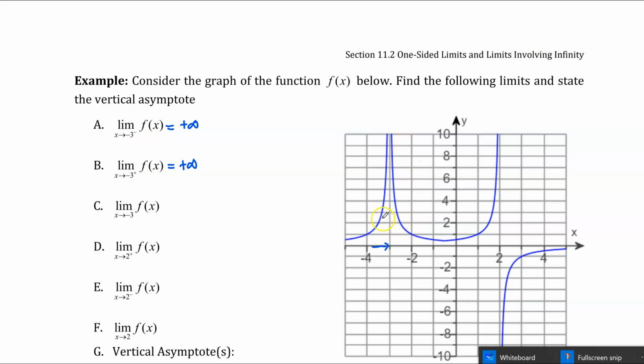Now, since both of these approach positive infinity, then we say that the limit of the function as x approaches negative 3 is equal to positive infinity. Because you see both of them are equal to positive infinity. So it exists, and it's equal to positive infinity.